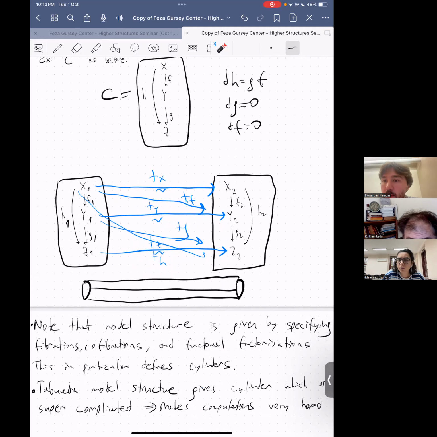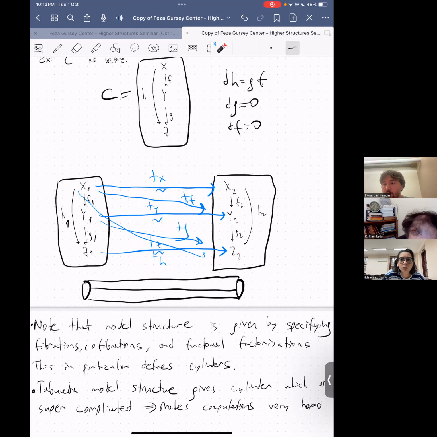Doğancan, there is a question in the chat box. Is there some example where your construction recovers previously existing cylinder objects? The thing is, our cylinder object is quasi-equivalent to any cylinder object, but ours is much simpler.